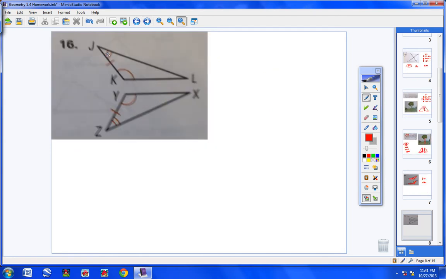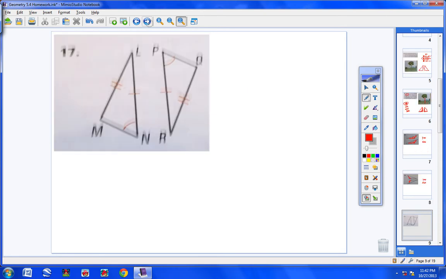Here, notice we have an angle, and then a side, and then an angle, in one triangle congruent to angle, side, angle in another triangle. So yes, we can definitely state that these two triangles are congruent, and the reason would be angle, side, angle.